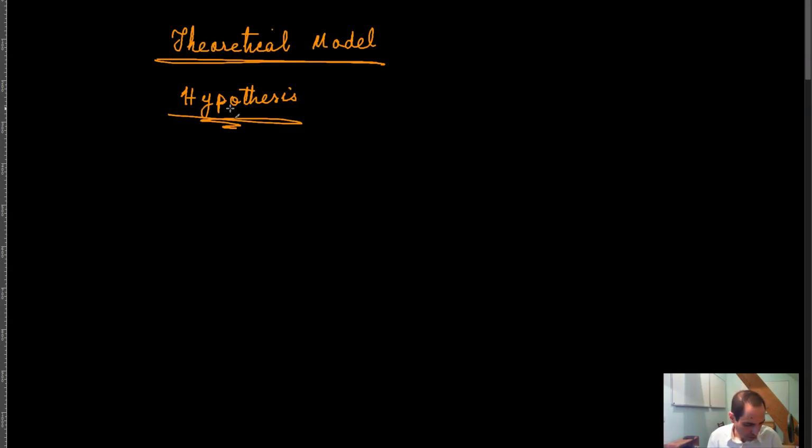Now, on the other hand, if your theoretical model survives repeated testing, meaning that you test all the possible cases that come to mind, and it survives all the different types of tests that you need to perform, your theoretical model achieves the status of a theory.